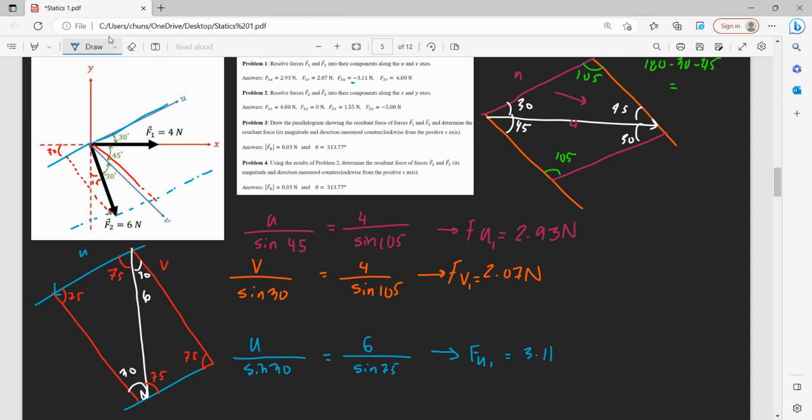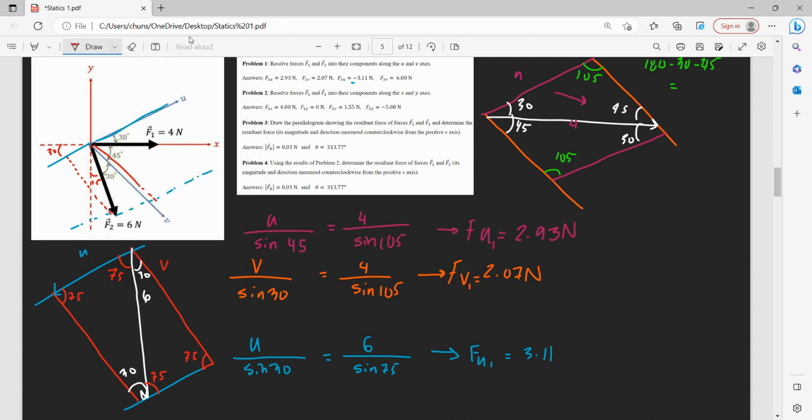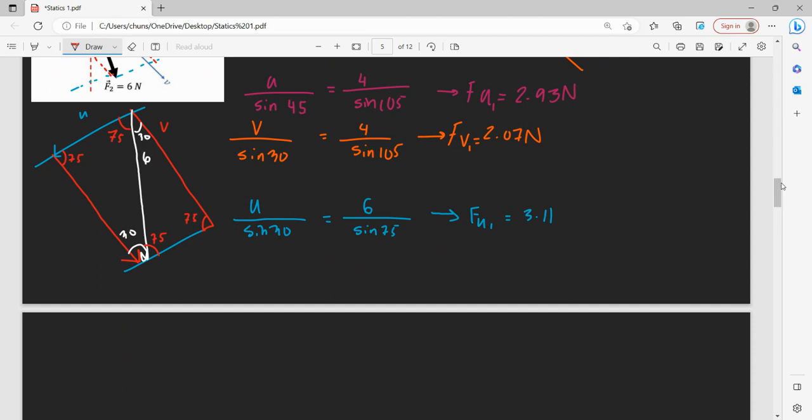Right? Because if we do our vector addition, tip to tail with our triangle, that will point in the negative u direction and negative v direction. So let's do our v.